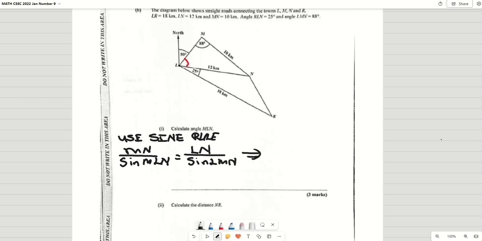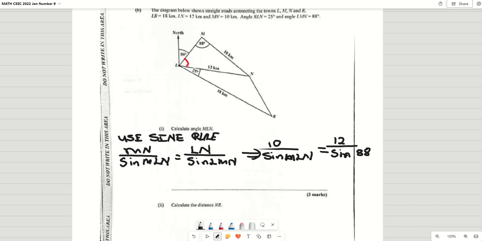So what this implies is MN is 10, so that's 10 over sine MLN, we don't know what is MLN, is equal to LN, which is 12 over sine 88. When you have done this, we cross multiply.